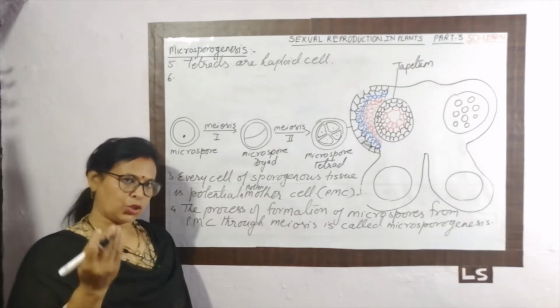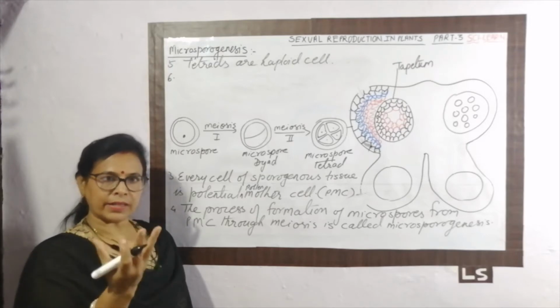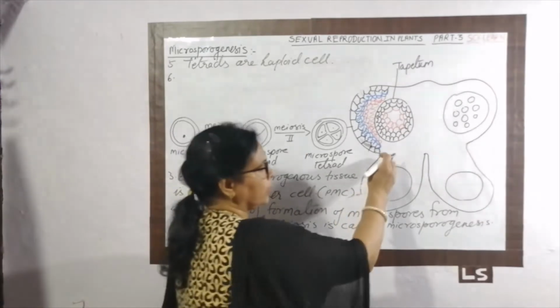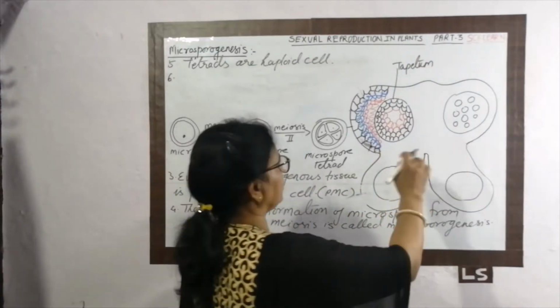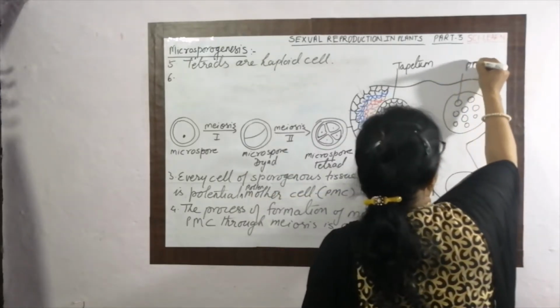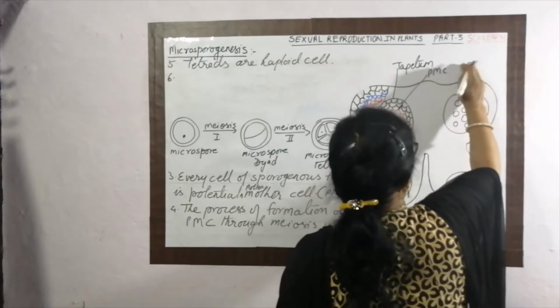As the anther matures, its cells get dehydrated. Let's see here in the diagram. This is the microspore mother cell, PMC, the pollen mother cell.